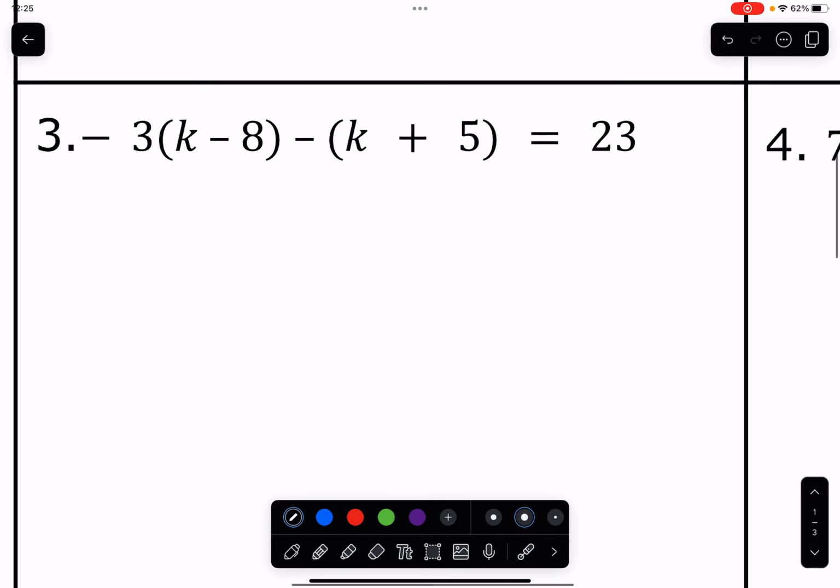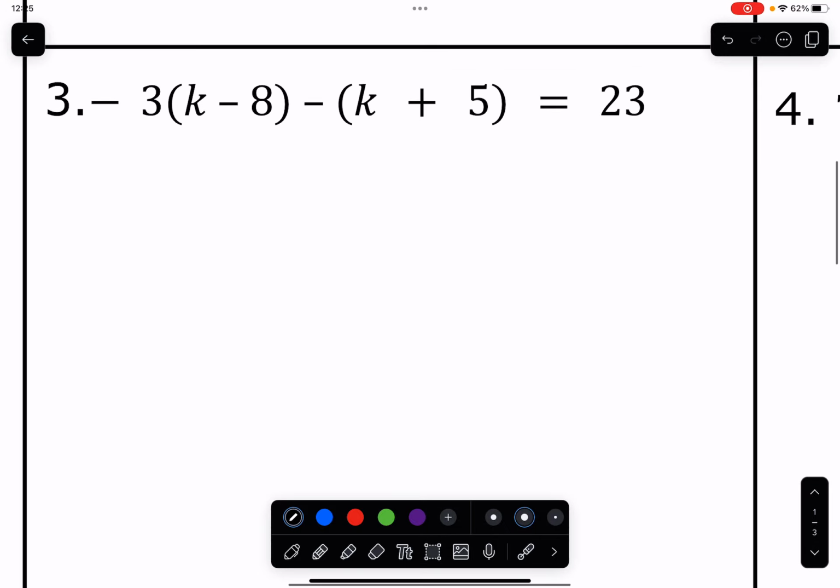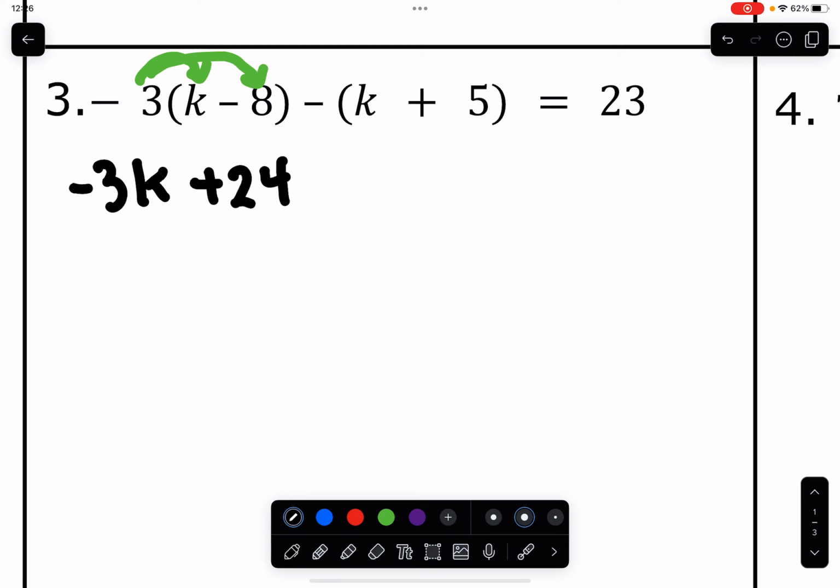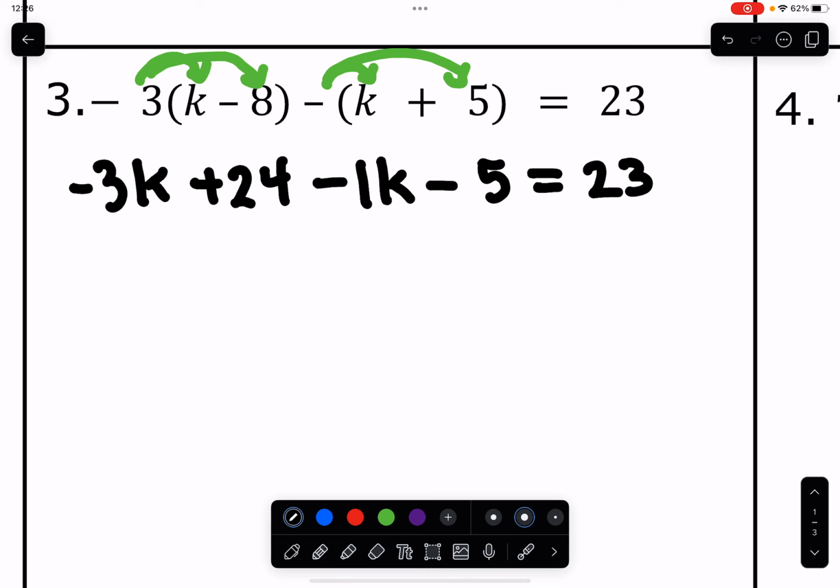So here again we have parentheses, so we're going to start by doing the same thing. We're going to distribute the negative 3 into the first parentheses, which gives us negative 3k plus 24. And we're going to now distribute this negative sign into the second parentheses. So negative 1k minus 5 equals 23.